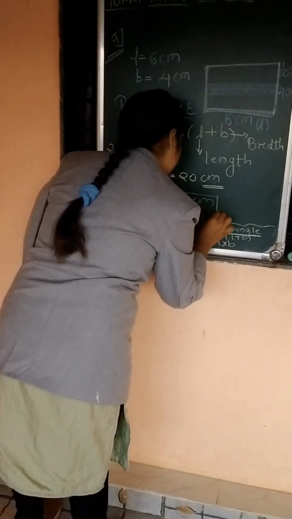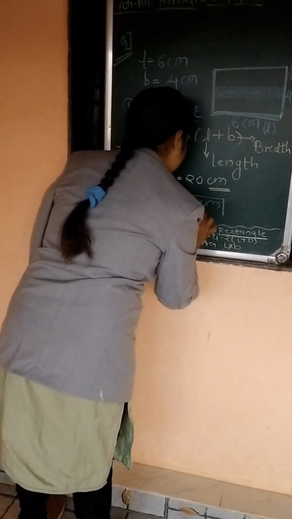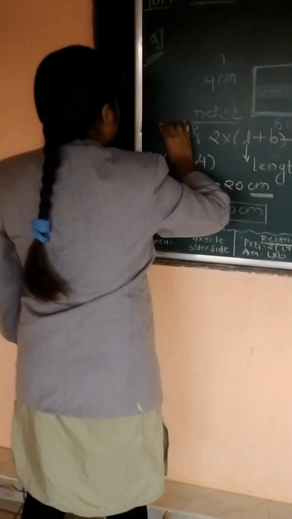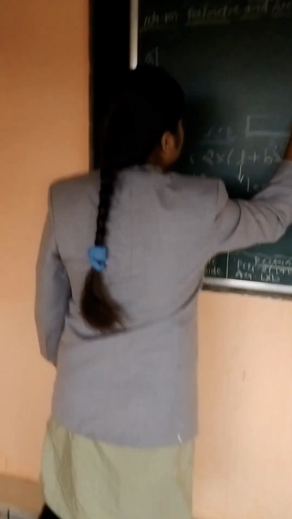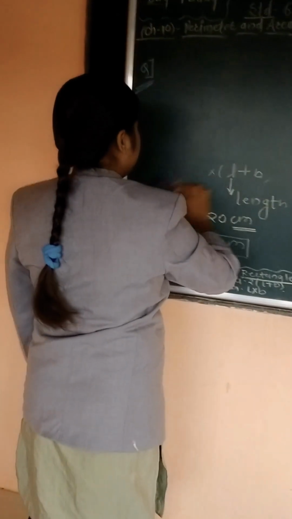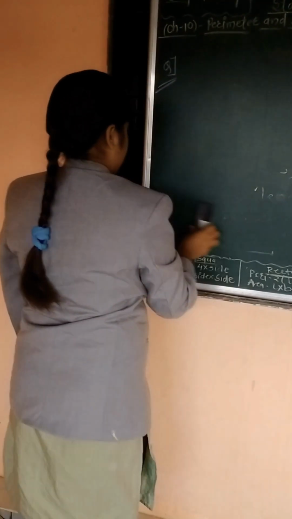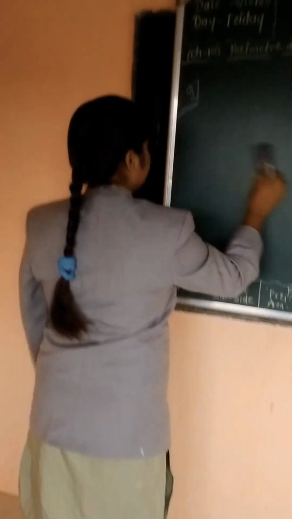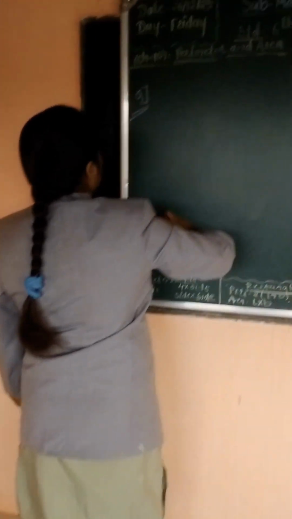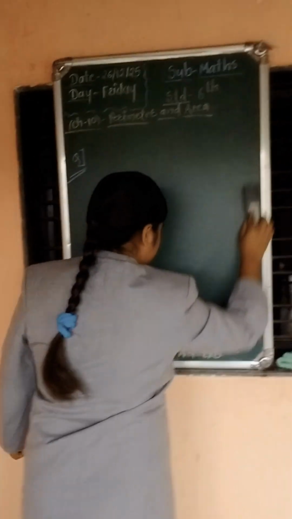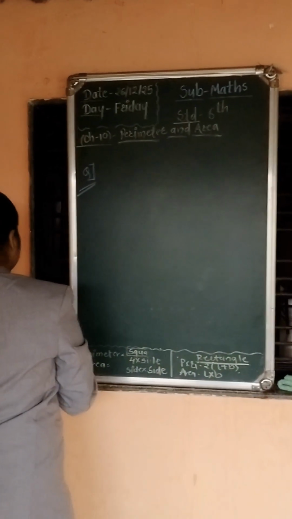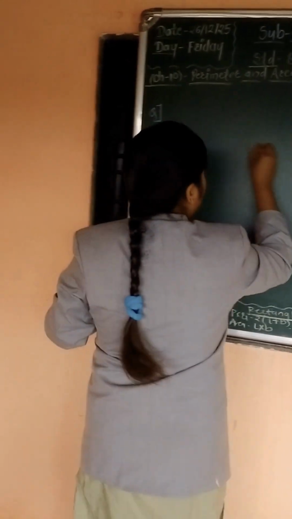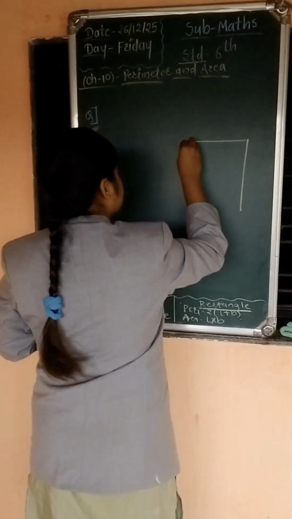Understood, students? Okay, so let's move to the next topic. Now we solve an example of the area of the square. One example we solved for the rectangle, and now we solve an example of the area of the square. As you see, I drew a classroom in a square shape.